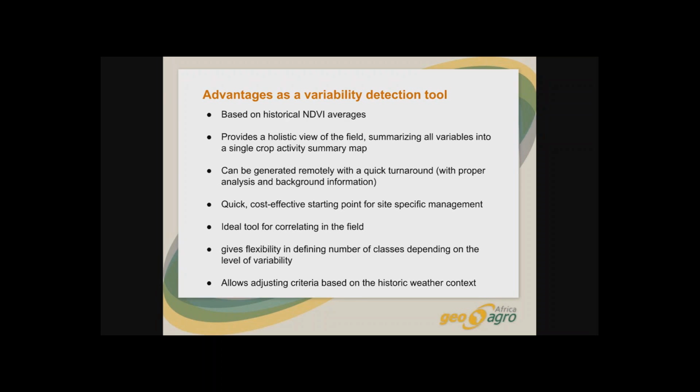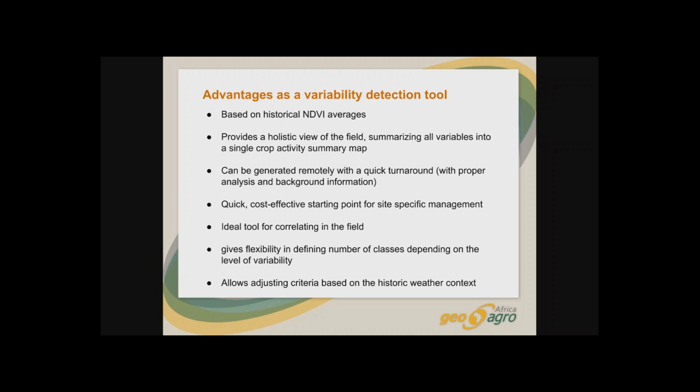Georgina and Francis will be interacting, because if an image is chosen on the wrong date, the agronomist, when he validates, and the manager, when they validate the productivity map, will say there's something not quite right, something that doesn't really correlate with the field. So then there's an iteration where the productivity map can be adjusted.